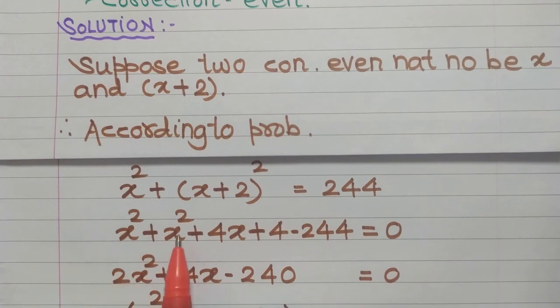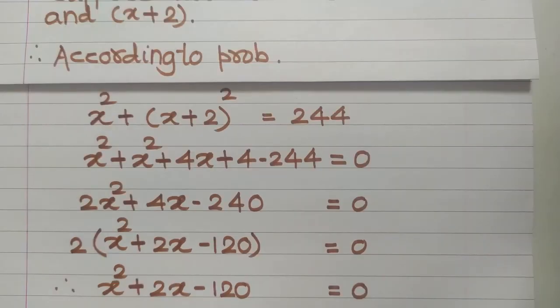So x square plus x square will give us 2x square plus 4x plus 4 minus 244 will give us minus 240. So we have 2x square plus 4x minus 240 is equal to 0.